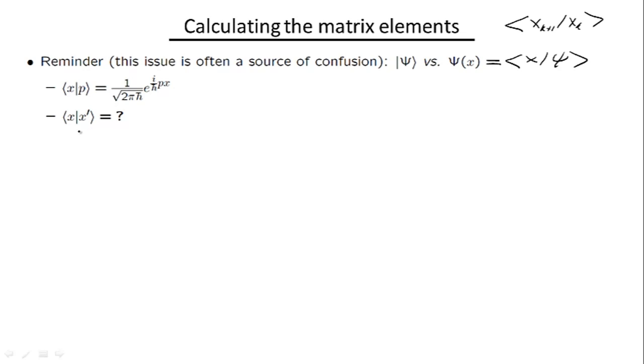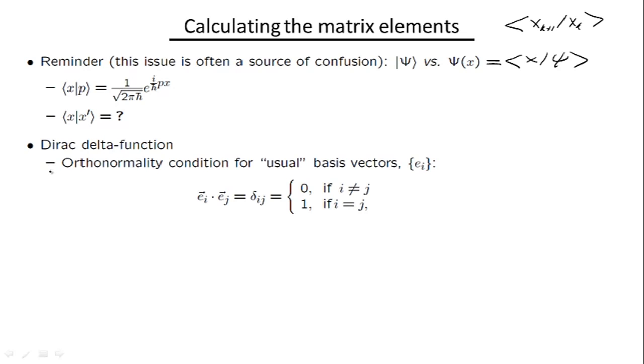Let's say x prime. In order to answer this question, we need to remind ourselves, or introduce for those of you who don't know, the notion of the Dirac delta function, which is exactly this matrix element we're after. In order to introduce it, let me recall a few very simple facts from the usual linear algebra.